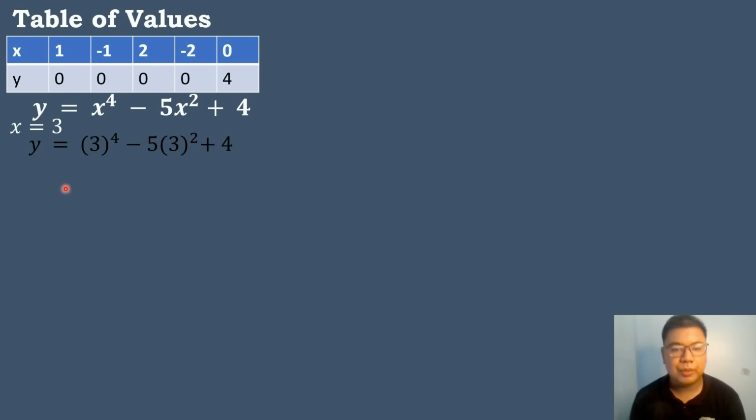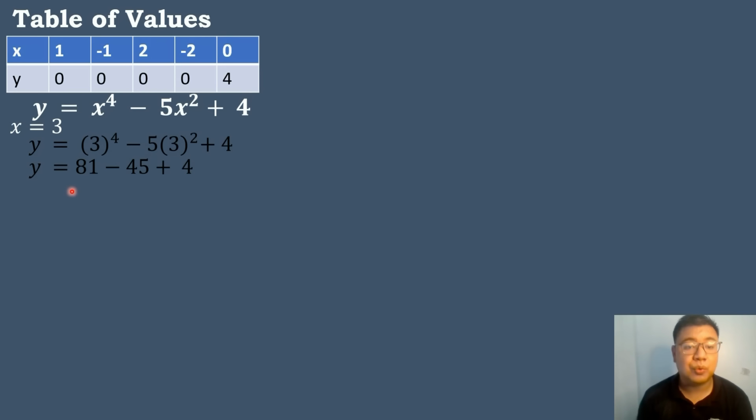And then after that, we will simplify. 3 to the fourth power is 81. 3 times 3 is equal to 9. 9 times -5 is -45 plus 4. So y is equal to 81 minus 45 plus 4. Then the value of y is equal to 40. So if x is equal to 3, then y is equal to 40.